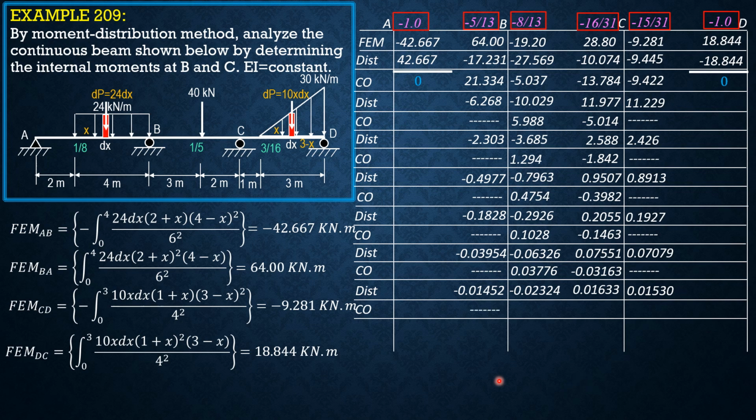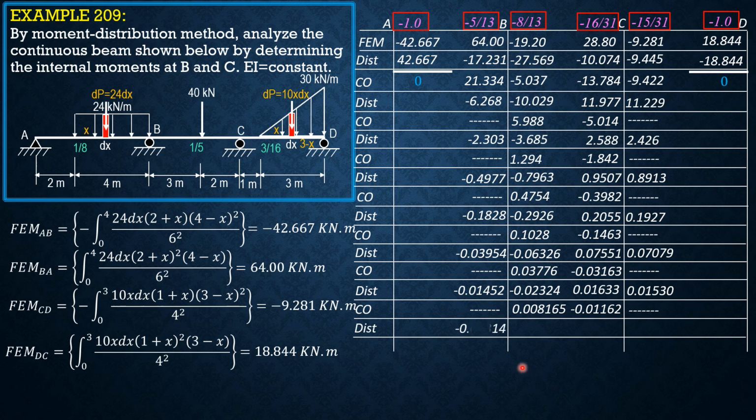So final moment at A is 0. Here you add the values in this column and you'll get 58.794 in this column, negative 58.794 in this column, positive 13.317, so here negative 13.317.